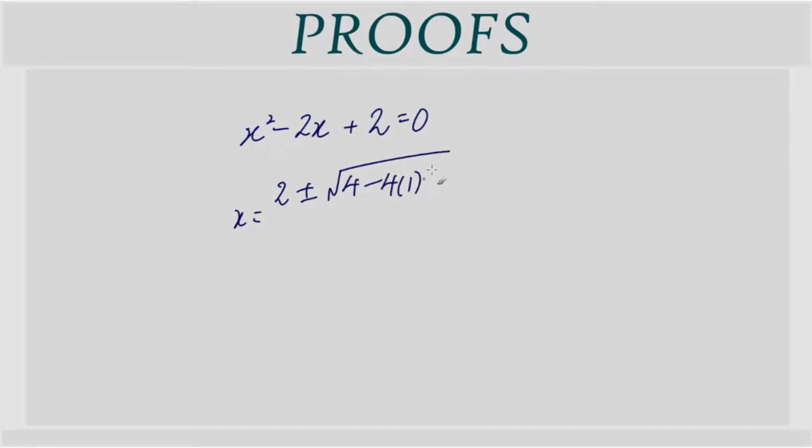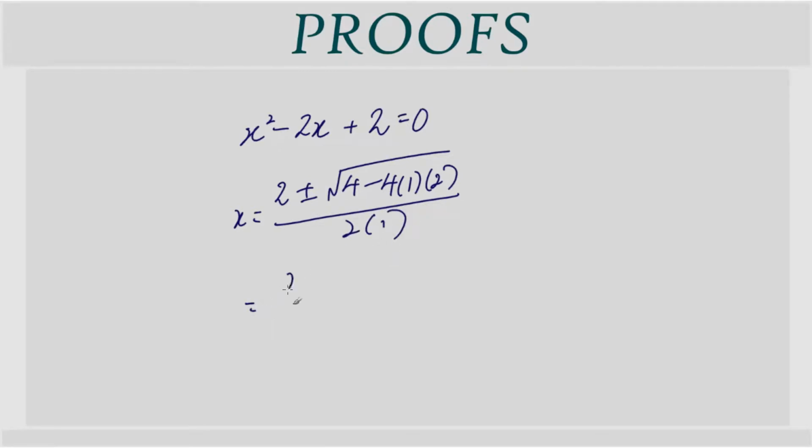Now, just to recap, the reason why things occur in conjugate pairs is because of the plus or minus symbol in quadratic equations. Now let's say we have x squared minus 2x plus 2. x is equal to negative b plus minus square root of b squared minus 4ac over 2a.